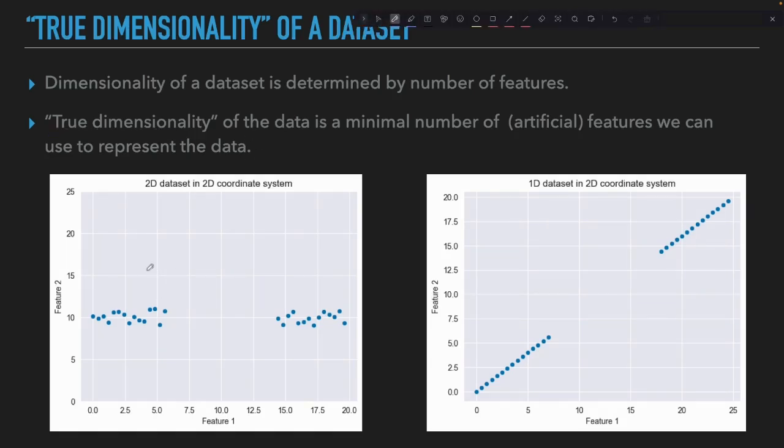You can see that this first dataset is really two-dimensional because we really need two axes in order to describe this dataset completely. If we just use a single line, we would describe most of the dataset variability, we would capture most of the information, but we wouldn't capture all of it. So we could say that this is a two-dimensional dataset in a two-dimensional coordinate system, meaning this dataset has a true dimensionality of 2.